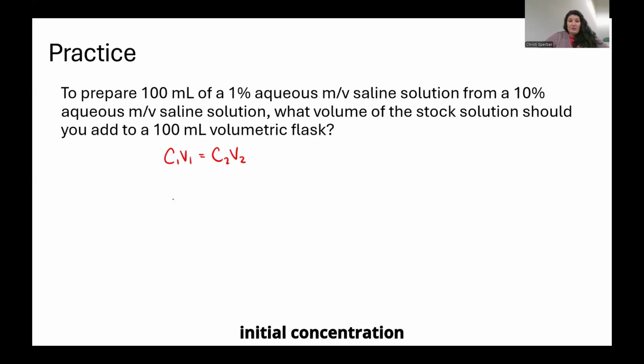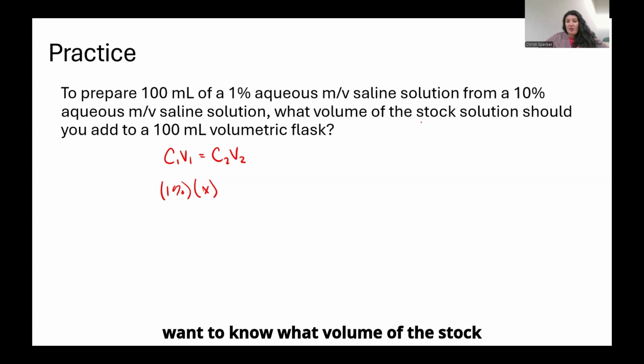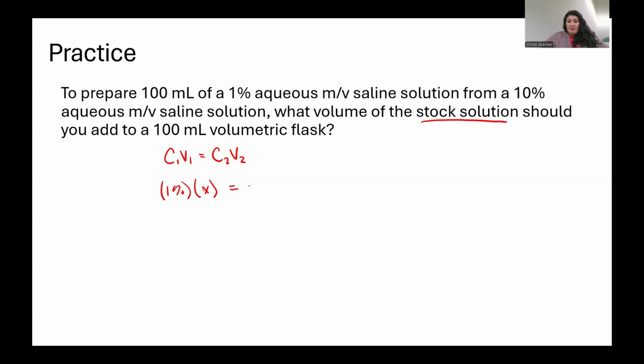So our equation is C1V1 = C2V2. We want to know what volume of the stock solution, which is our initial concentration, or C1, should you add to a 100 milliliter flask.